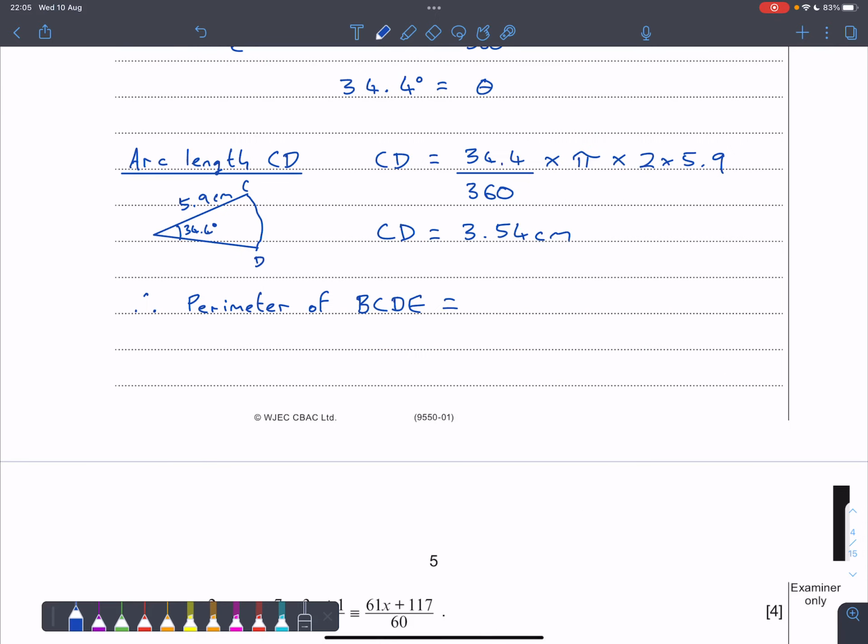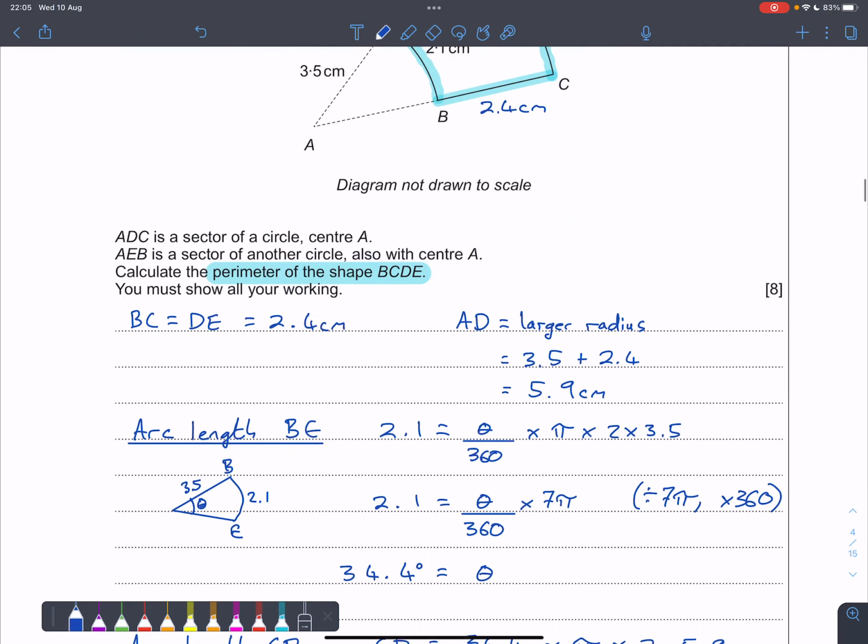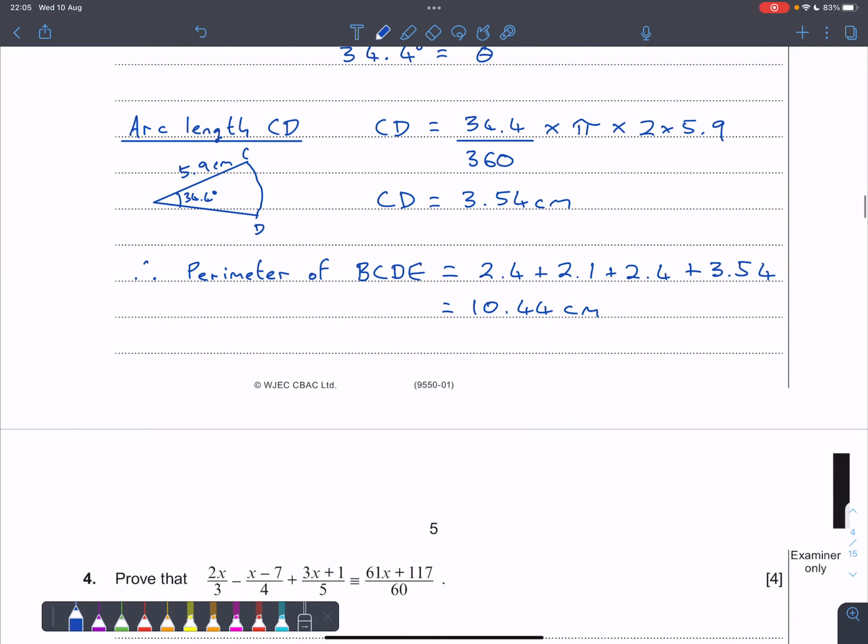So 2.4 plus 2.1 plus 2.4 plus that CD, which is 3.54. If I add those all up, I get 10.44 centimetres. Just double check that it doesn't need it to any particular degree of accuracy. No, it doesn't. So that is my final answer.